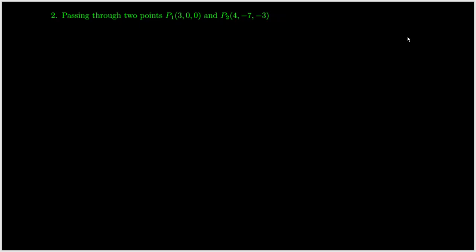What's one other thing we need? A vector parallel to the line, or in the same direction as the line. Which vector can we take as a direction vector?